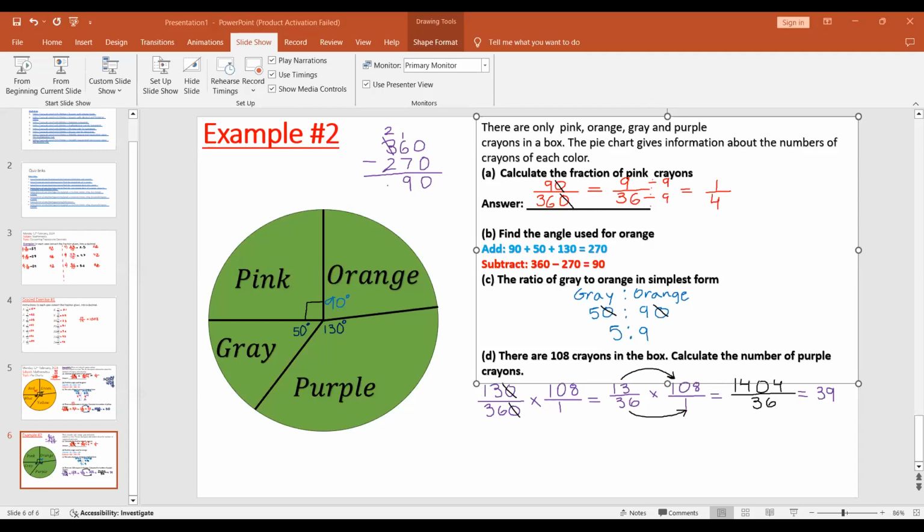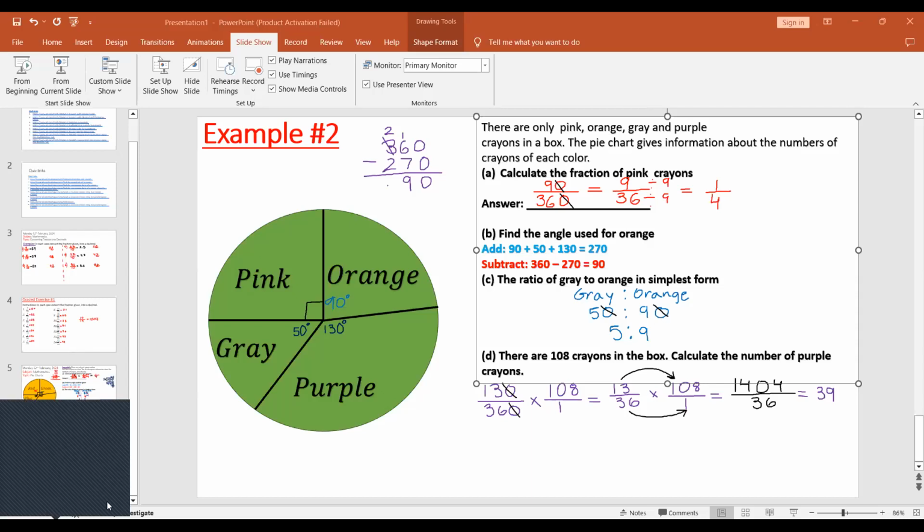I need Michael. Where's Michael? Thank you, Amarnik. Very good explanation. Michael, can you explain how we got our answers? Top to bottom. Okay, so for A, it says calculate the fraction of the pink crayon. So that little box equals 90 degrees.